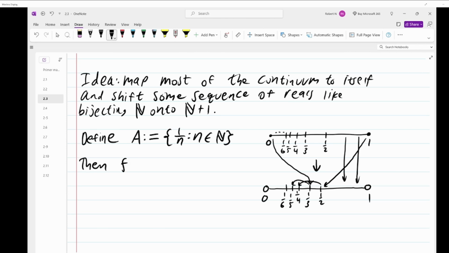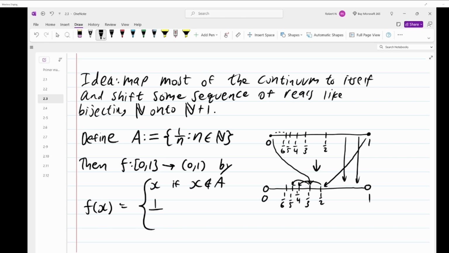Then f from (0, 1) to (0, 1), whoops, not 2, but right arrow, by f(x) equals: if something's not in A, map it to itself, and 1 over n+2 if there exists some n.